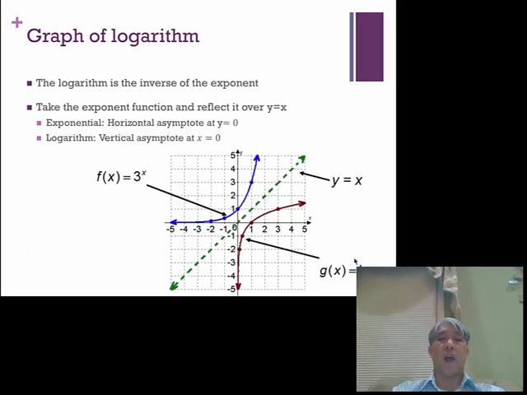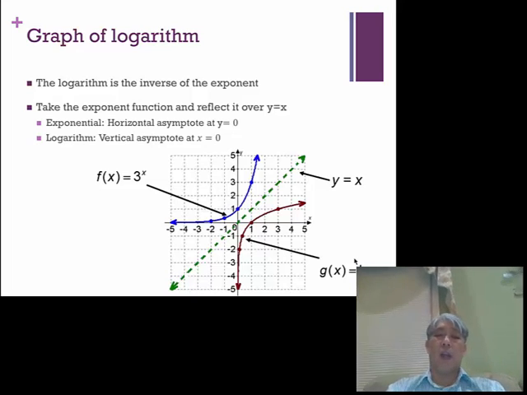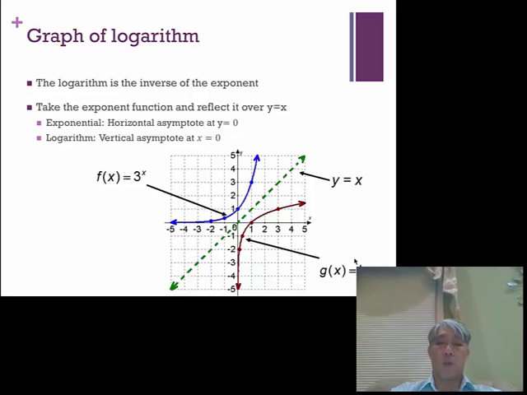Looking at the graph of the logarithm and the exponential function, the blue line here is a graph of 3 to the x, an exponential function. It has a horizontal asymptote at y equals 0 and a range of 0 to plus infinity. When we take the inverse, one way to do that is to just reflect it over the line y equals x.